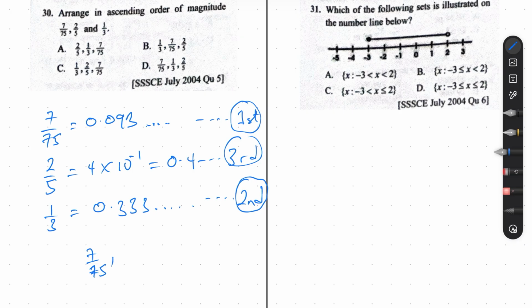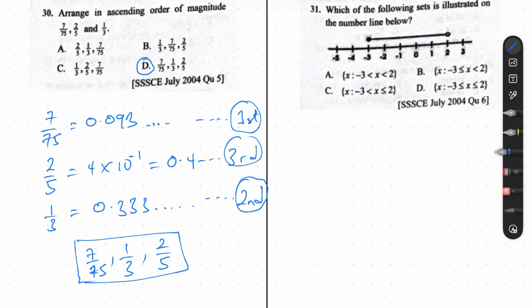The second is 1 over 3, then 2 over 5. Okay, so this is our answer. Let's see if we have it in our options. 7 over 75, 1 over 3, and 2 over 5. Yes, that is the last one, D. So our answer is D.